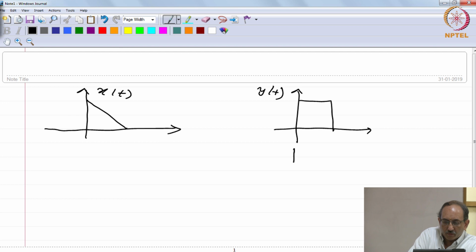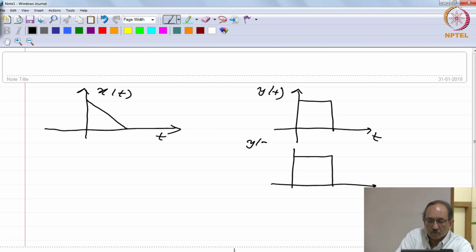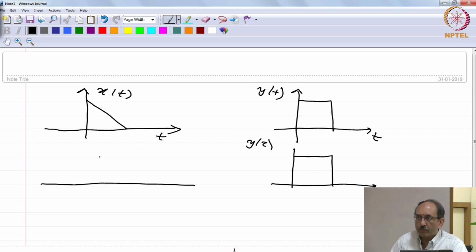Now, I keep one signal fixed and I am going to change the independent variable to tau. So, this becomes y of tau. What I am going to do to the other signal is two things. First, I am going to flip and then shift.